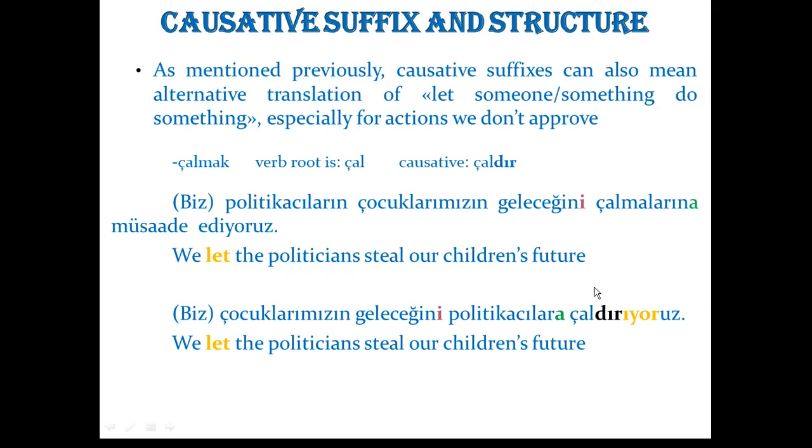For that reason, we can make this sentence of müsaade ediyoruz in the same way with causative suffix like this. Biz çocuklarımızın geleceğini politikacılara çaldırıyoruz. Again, the translation remains the same. So you may see different translations for this English structure into Turkish.